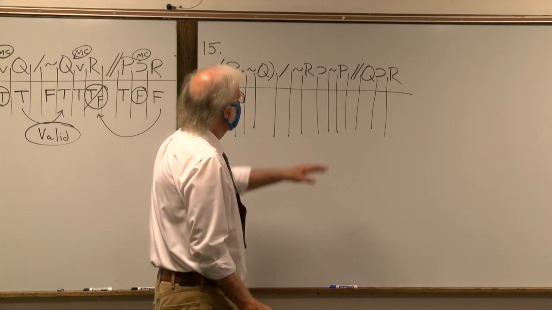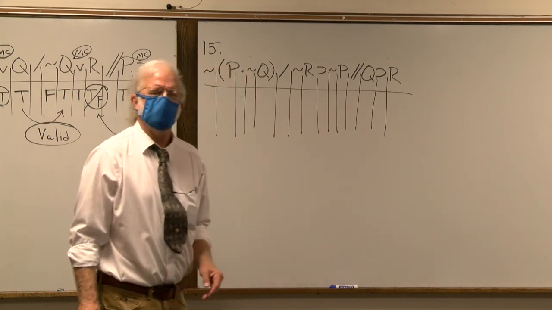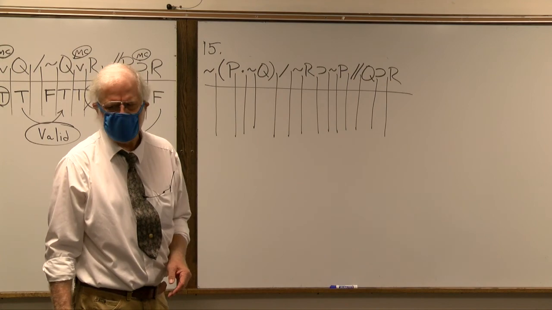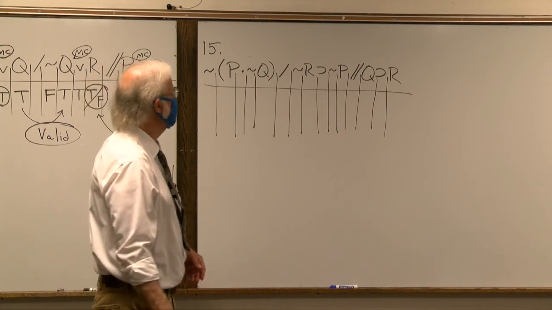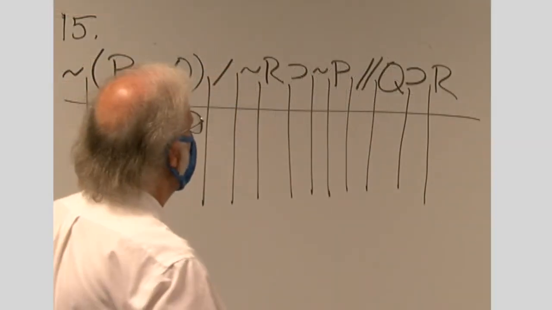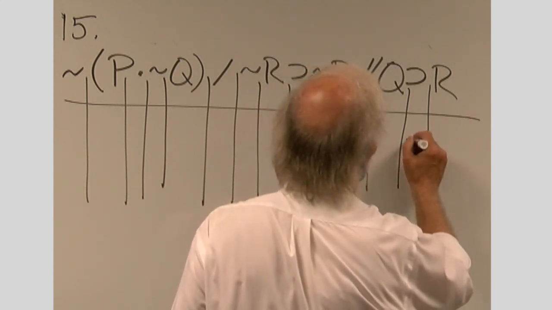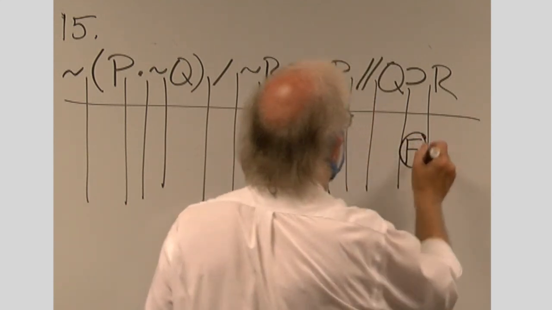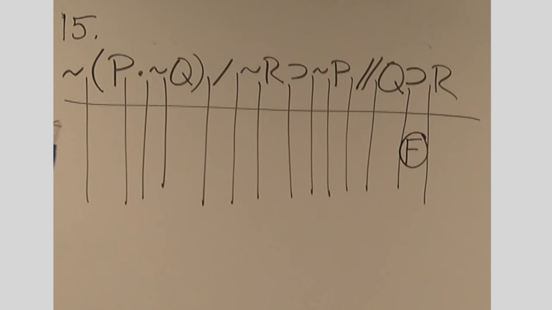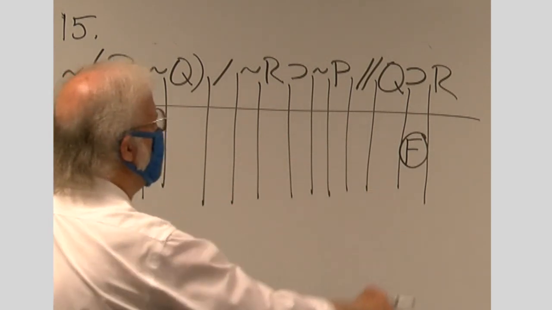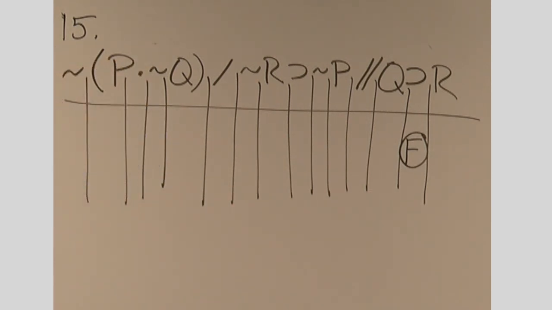And again, we've got a horseshoe, and it's turned out to be our buddy. We finally like the horseshoe. We want that conclusion to be false, so we're going to set the horseshoe to be false. And question, how many ways can a horseshoe be false? Answer, just one. That means we're just going to need one row.